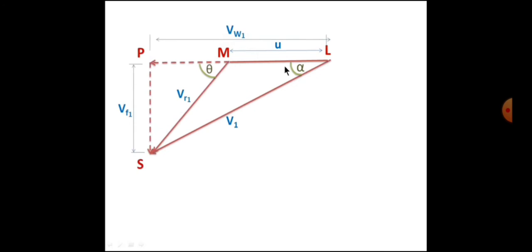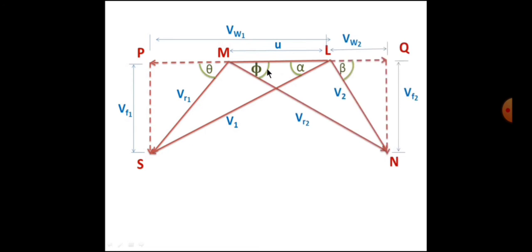So this is the segment ML, which is representing the blade velocity u, which is also equal to u1 and u2. So the inlet velocity triangle can be shown in this way, and similarly the outlet velocity triangle can be drawn here. So triangle PLS is representing the inlet velocity triangle, whereas triangle MQN is representing the outlet velocity triangle.